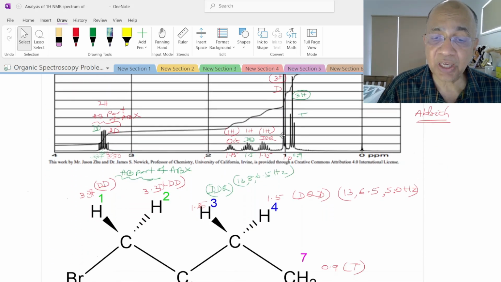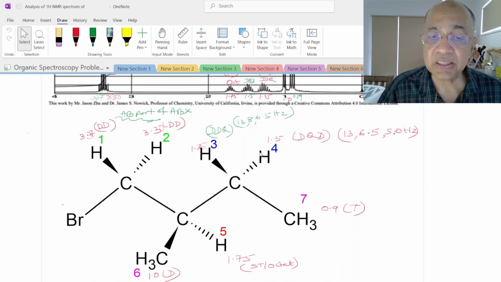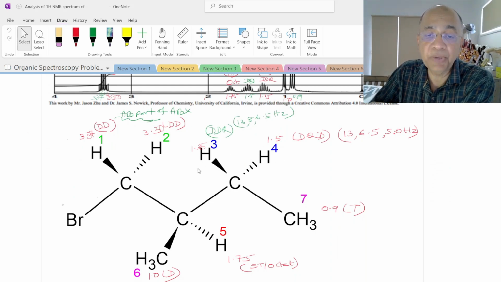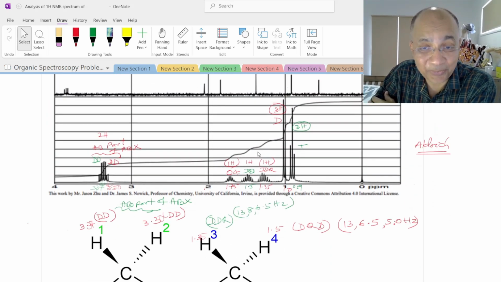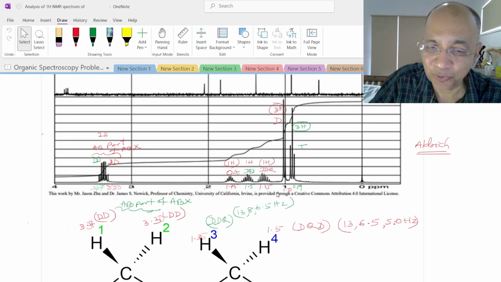So the prediction I have made here, these two peaks, if you see the real spectrum, what we predicted, there are 7: 1, 2, 3, 4, 5, 6, 7. This is the peak for TMS.